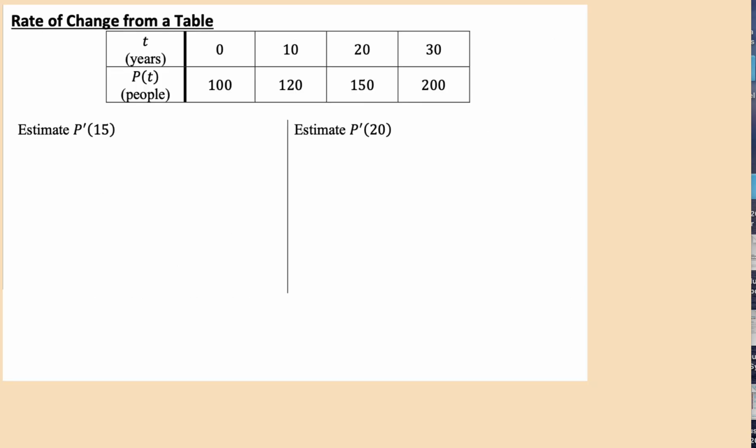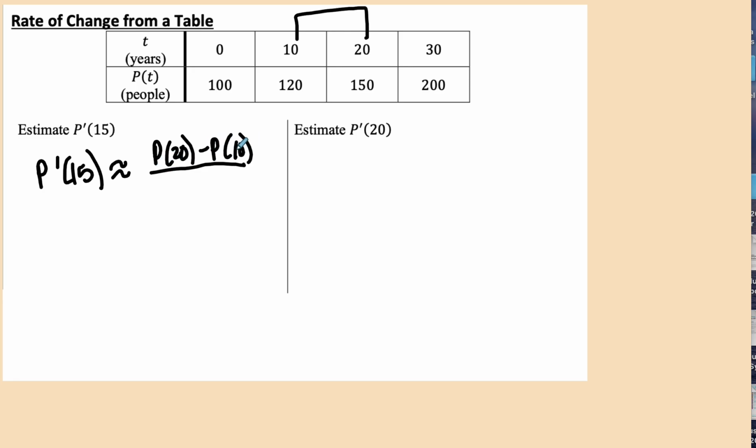Let's take a look at rate of change from a table. If we're looking to estimate the rate of change at 15, we can see 15 is not in the table, so we'll use the numbers that are next to it. So P prime of 15 is approximately the rate of change of P of 20 minus P of 10.